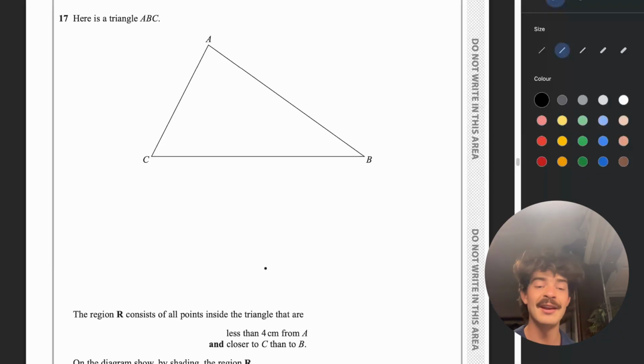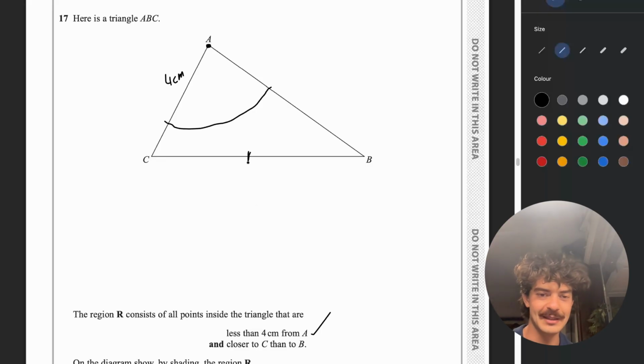Okay, so for this, you basically just need to measure out the two facts. So less than 4 centimeters from A. So for this, you're going to get your compass, and you'll want to measure out 4 centimeters here. And draw your arc, defining what is true for this fact. And then we want to consider what points are closer to C than to B. Now to do this, we actually just want to find the midpoint between them.